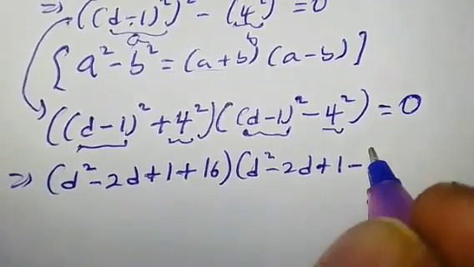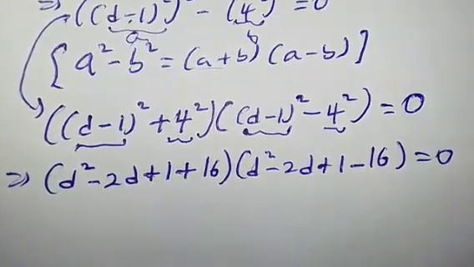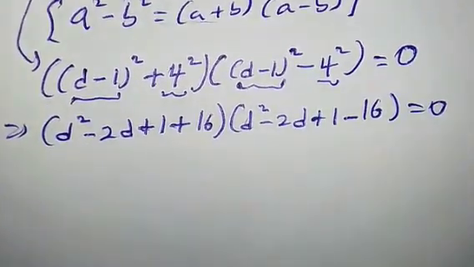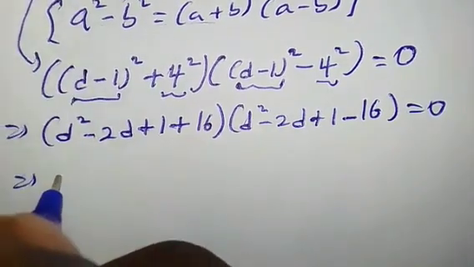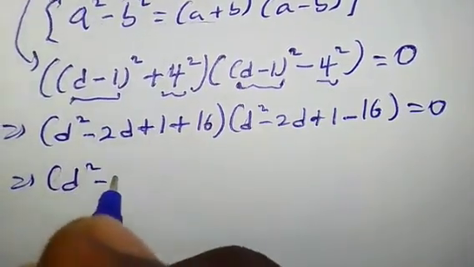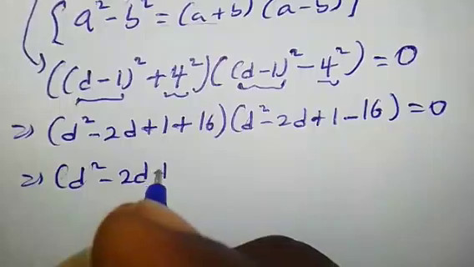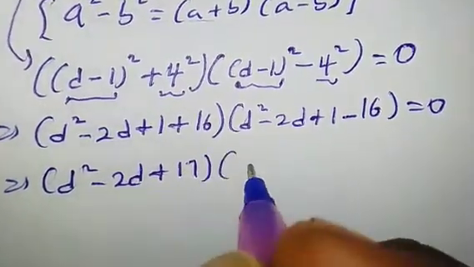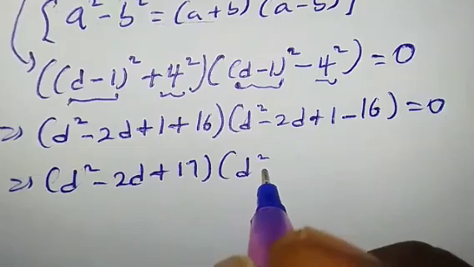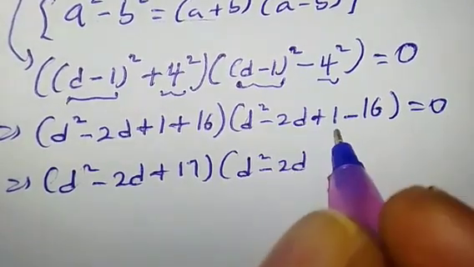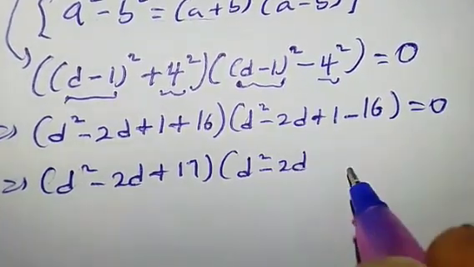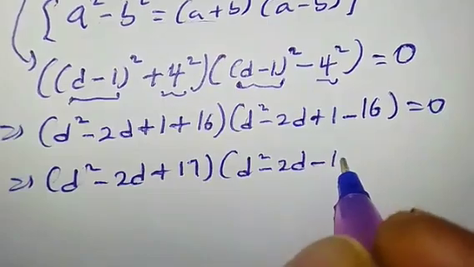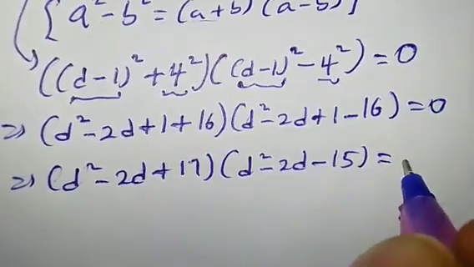That is 4 times 4, 16, equal to 0. Let's continue. This means that (d^2 − 2d + 1 + 16), that is 17, times (d^2 − 2d + 1 − 16), that is negative 15, equal to 0.